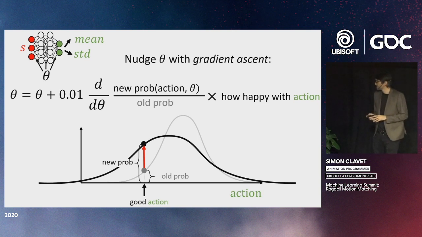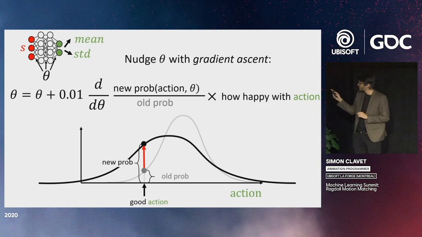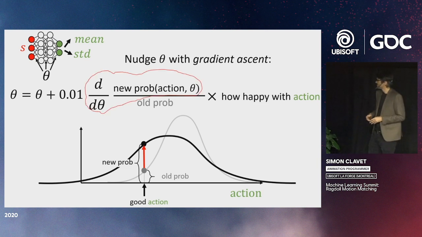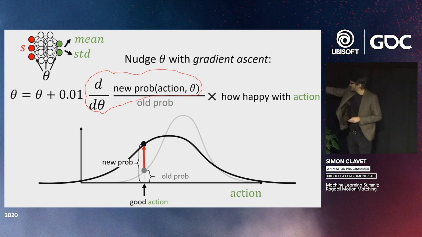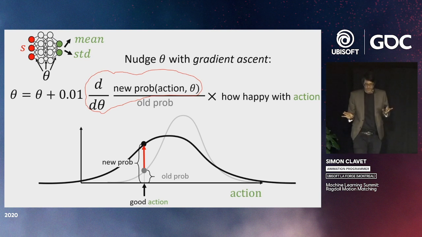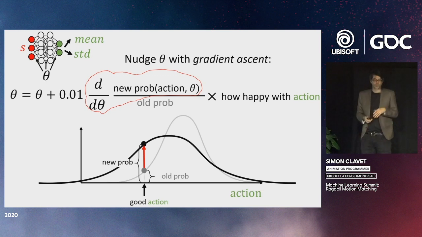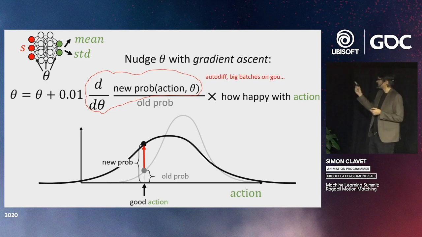So that's where we are now. We need to decide how to decide if we're happy with an action or not. And if you look here, the only place theta appears in this equation is there. The other things are just sampled. There are no derivatives there. But this thing, the derivative with respect to theta of a neural network, is what TensorFlow and PyTorch and all these things are good at.